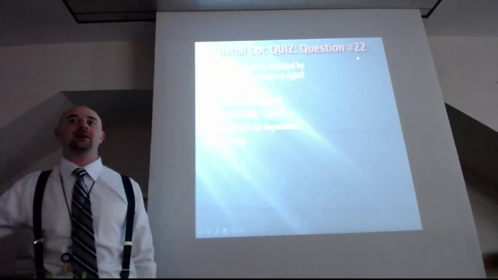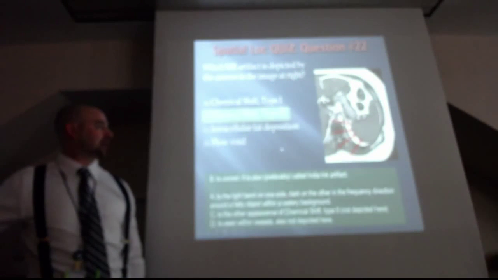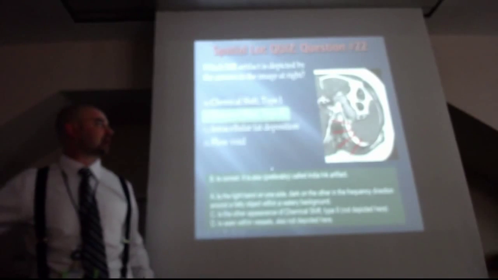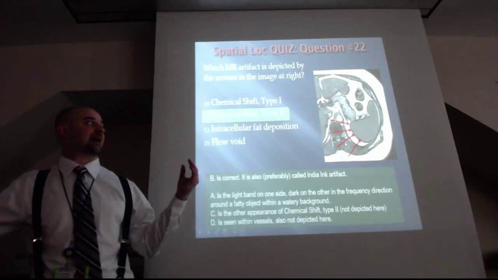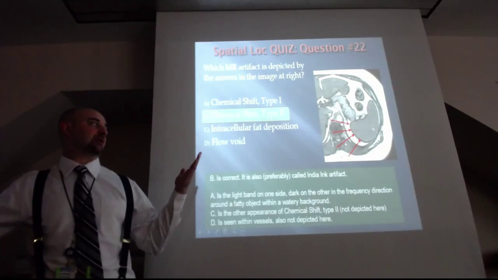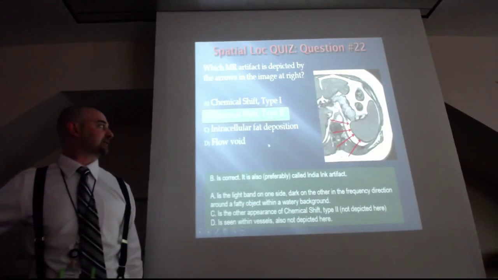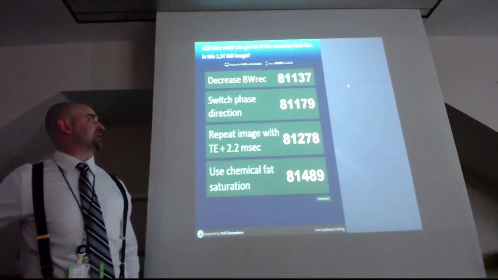It's seen on out-of-phase gradient images. Chemical shift type 1, of course, is the point that I belabored about fat and water in a petri dish. Intracellular fat deposition is when you're going to have, say, the liver is bright on in-phase and then gray on out-of-phase. And a flow void happens within a vessel. We haven't talked about that. That's a completely different mechanism.